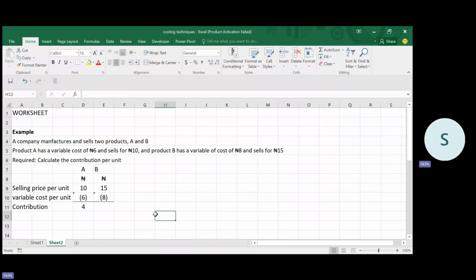Then for product B, we have 15 naira minus 8 naira, which gives us 7. So the contribution for product B is 7 naira. This is how to determine contribution for the two products.